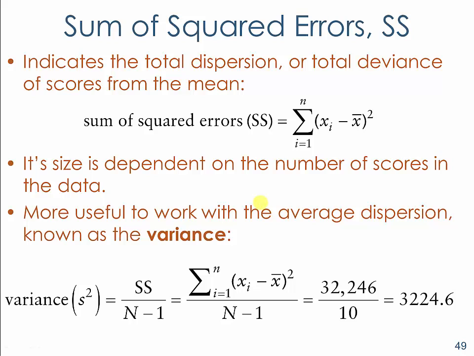Another term for that deviance is error. So we use the term sum of squared errors, SS as it's sometimes indicated, to show the total dispersion from the mean, and we square that, because if we have some values that are negative and some values that are positive, they're going to balance each other out.